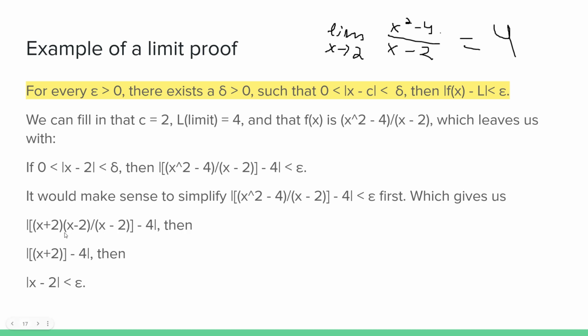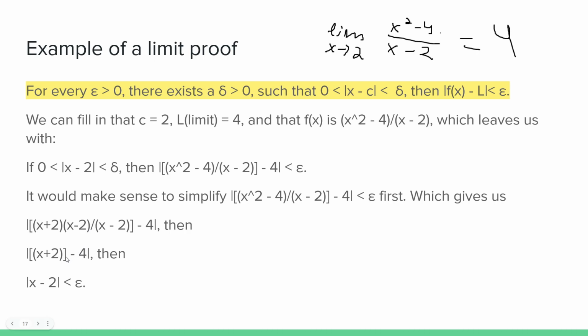Then we can simplify this to take out this x minus 2, which leaves us with simply, we can actually do this division problem.